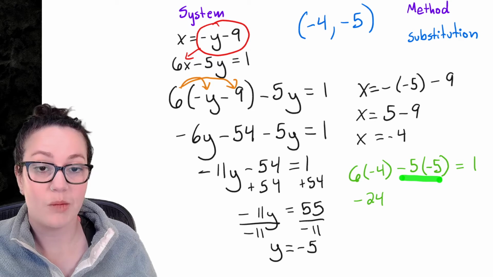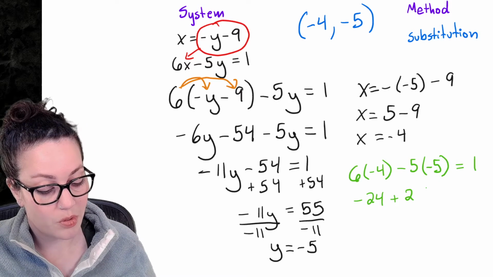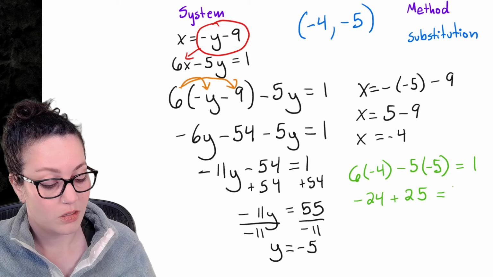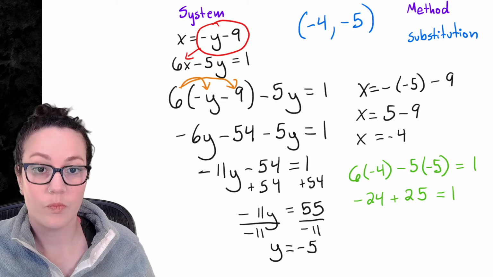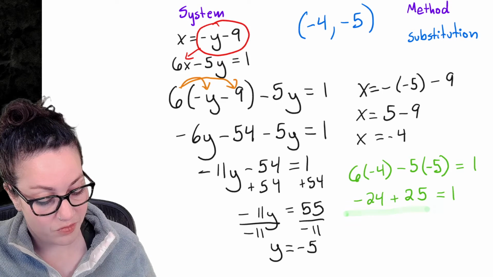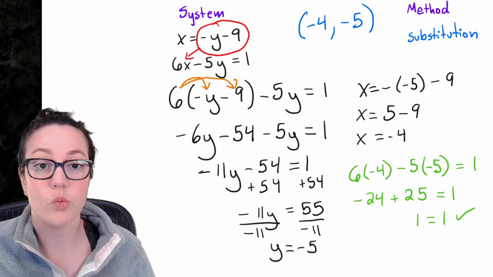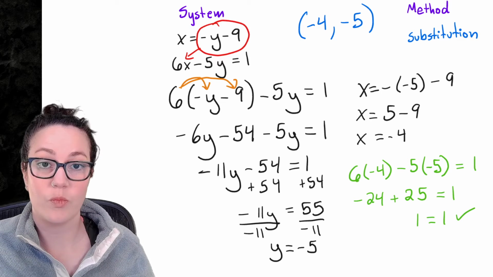Negative 5 times negative 5 is positive 25. So I'm just going to make this a plus 25. And that all should still equal 1. Negative 24 plus 25 is, in fact, 1. So we get a true statement. We get 1 equals 1. So our solution checks out.